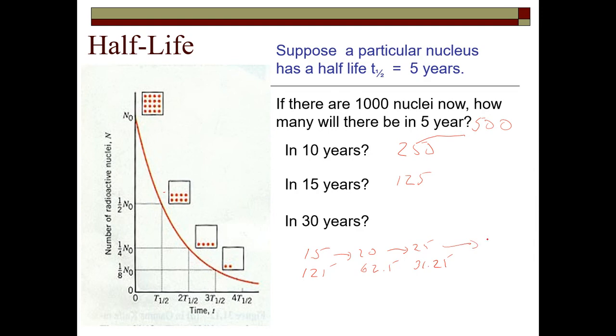And then after 30, half of that would be 15.625. I think that's right. So every time 5 years goes by, cut it in half, cut it in half, cut it in half, until you get down to your expected amount of material.